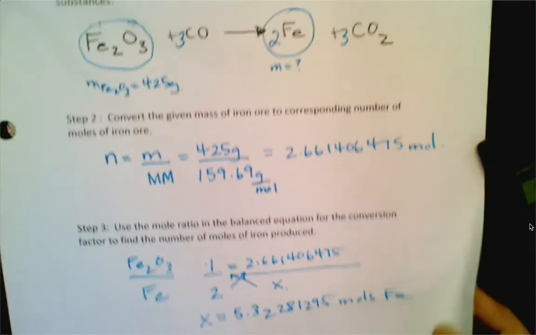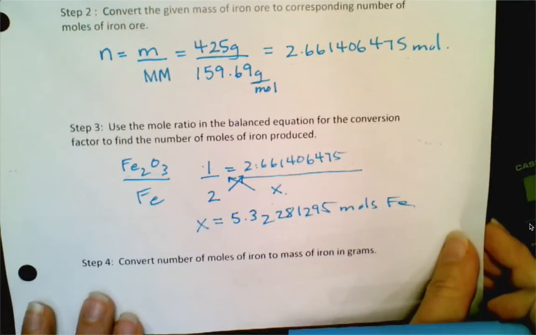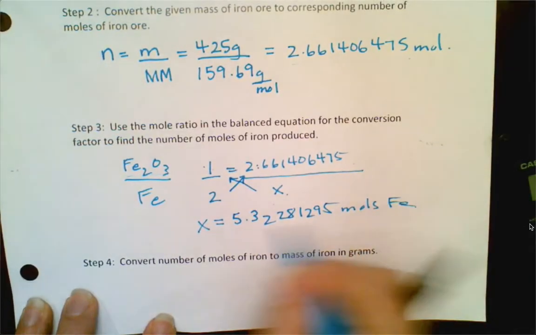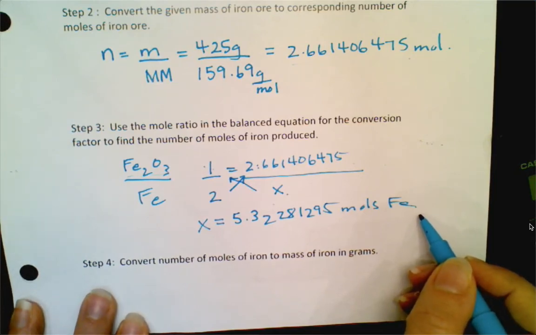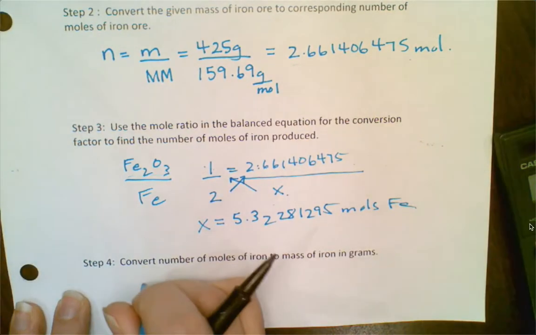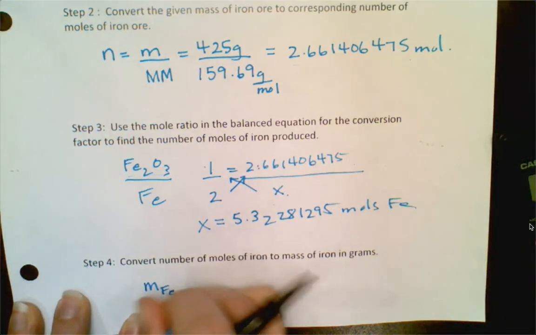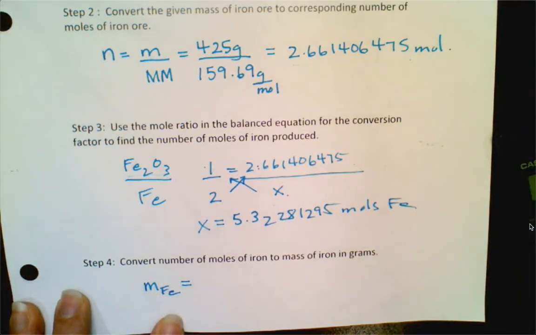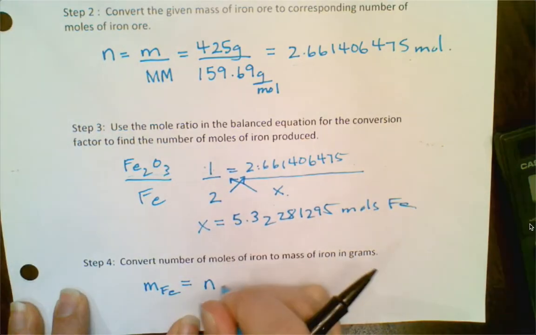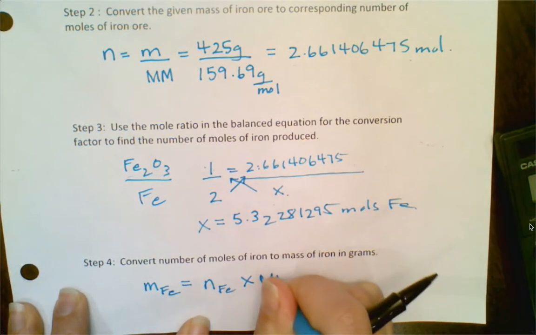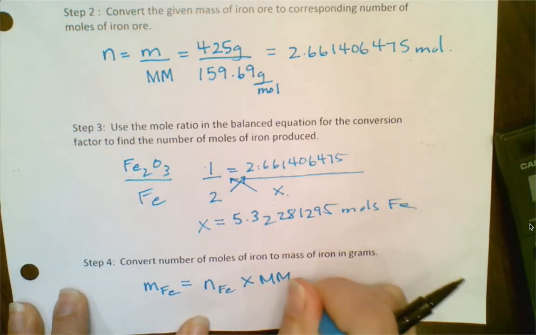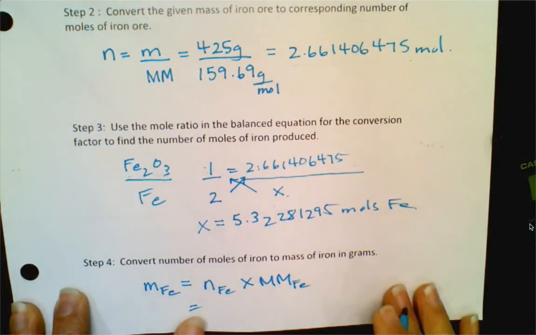It doubles. Now, what you're going to do is convert your mole value for iron back into mass. So what mass would that be equivalent to? To figure out my mass of iron, I have to rearrange that mole triangle, and I know that moles times molar mass gives me my mass.